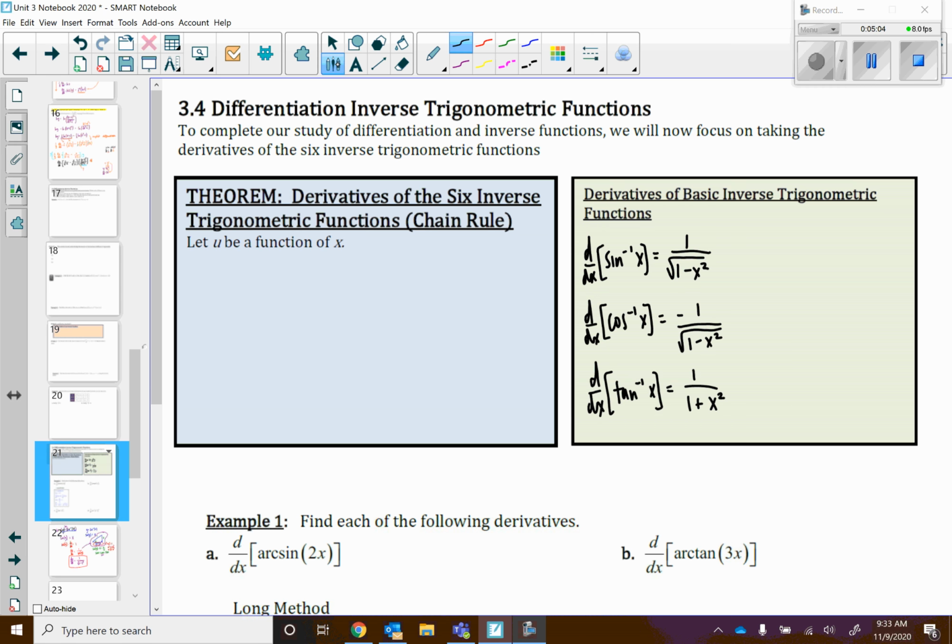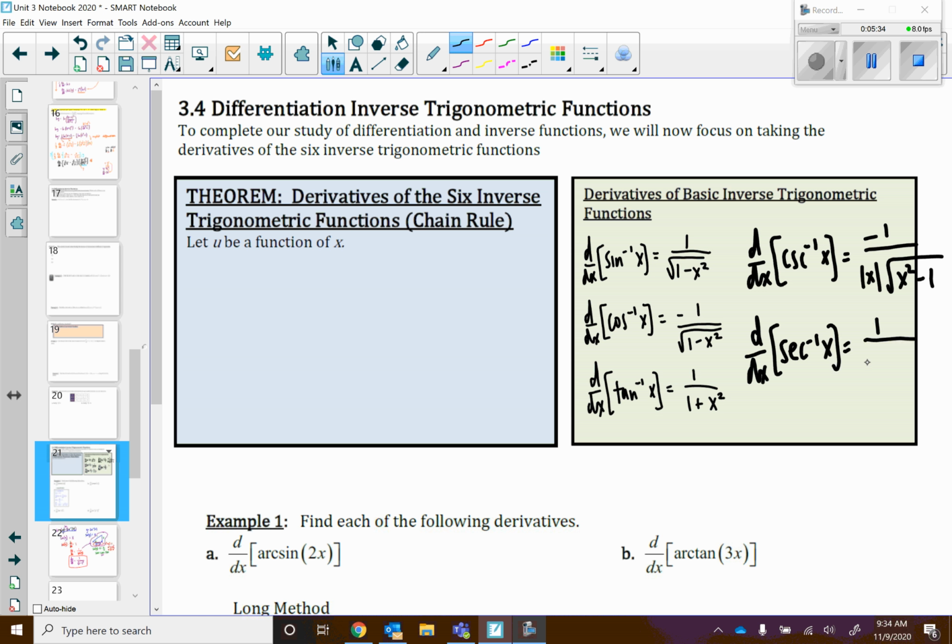Those are three main, but we still are curious about the derivative of cosecant inverse, which would be negative 1 over the absolute value of x times the square root of x squared minus 1, or the derivative of secant inverse, which would be 1 over the absolute value of x times the square root of x squared minus 1.